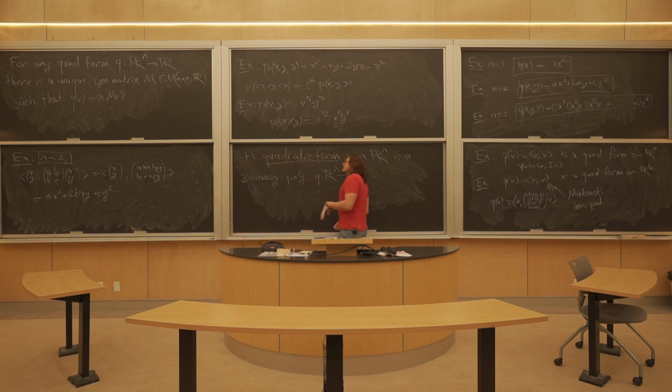And so this is the geometric version of the spectral theorem. It's what's called the principal axis theorem.